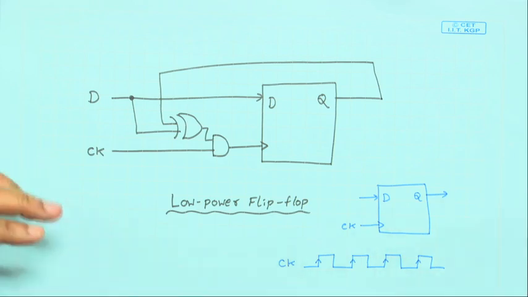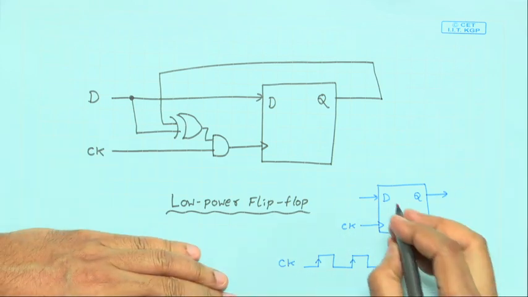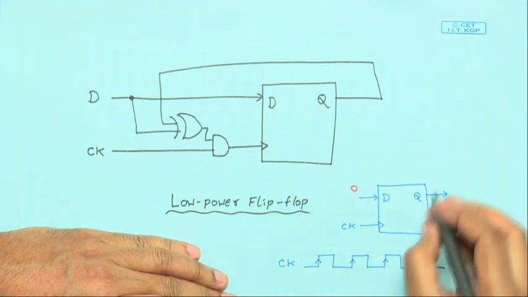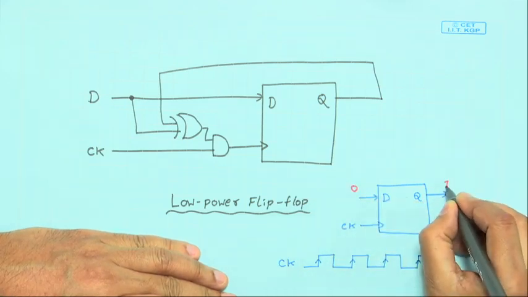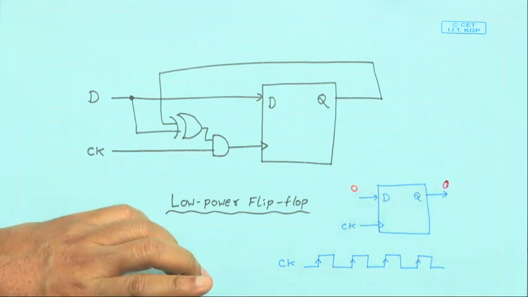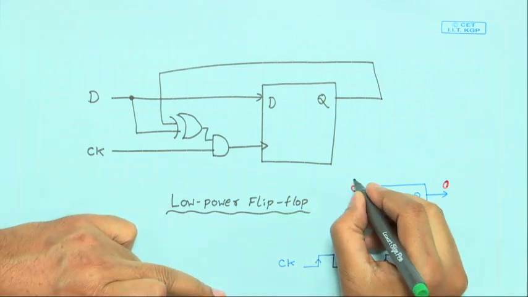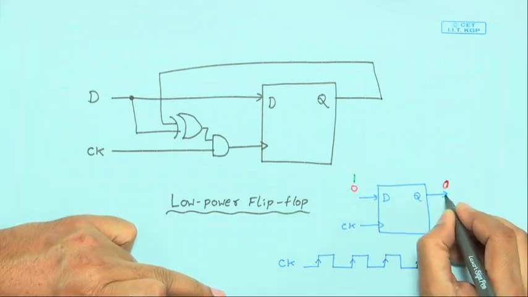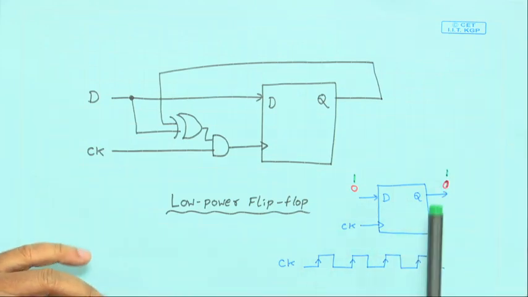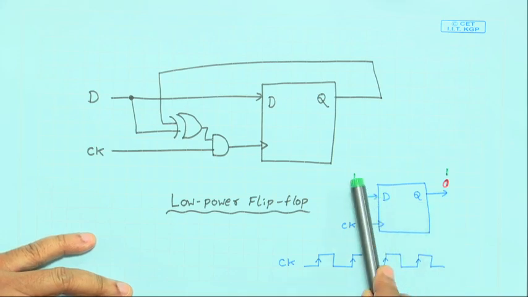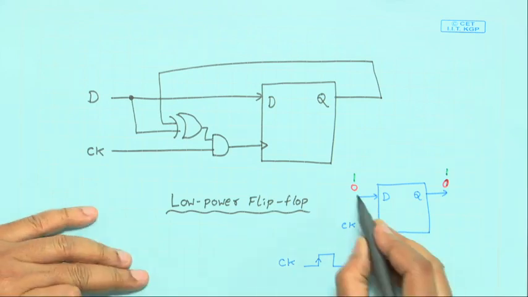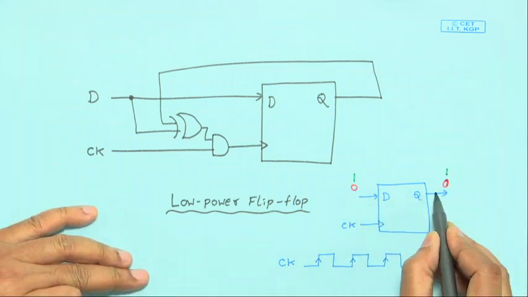The observation is as follows. Let us say my applied D value is 1 and my current output value is also 1, or my input is 0 and the current stored output value is also 0. Under this condition, even if I store it, the output value will not change, because it was already 0, so 0 will get stored again.